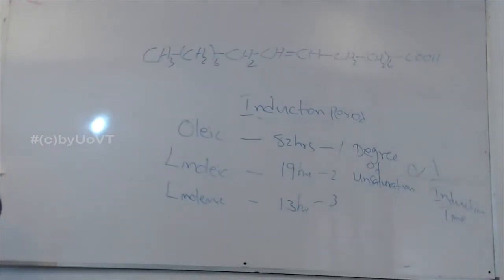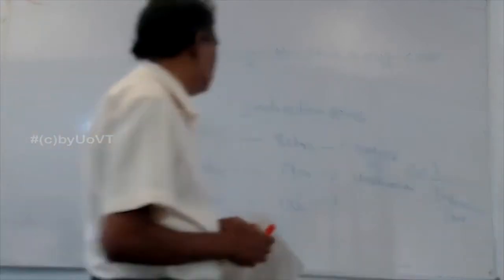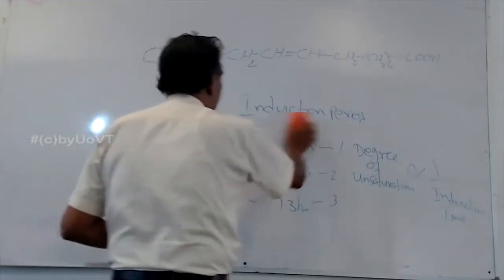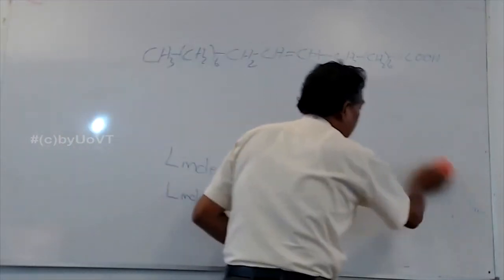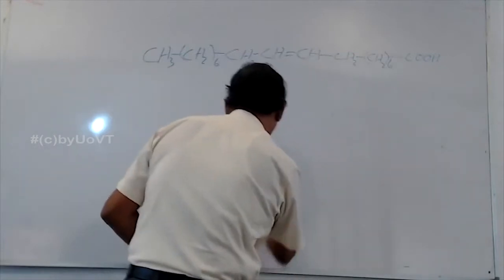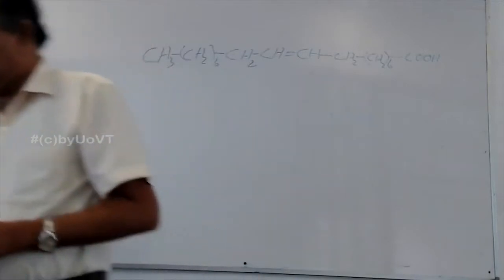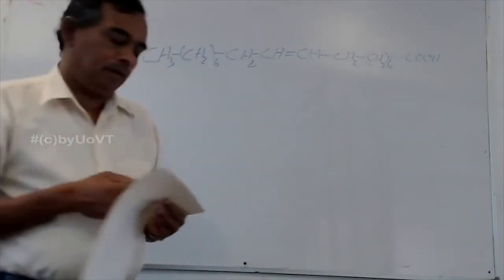Initially, to identify the compounds, we can number the carbons. We can give numbers to the carbon atoms available in the compound.